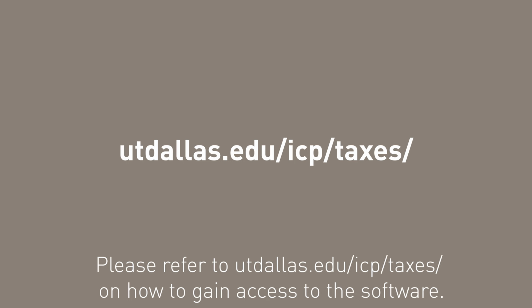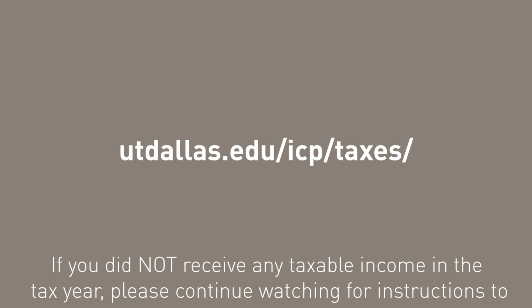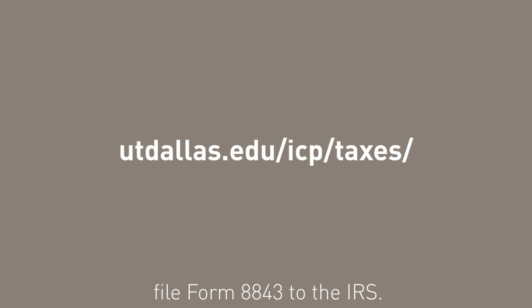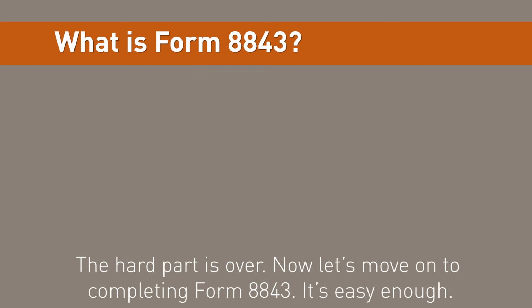Please refer to utdallas.edu/ICP/taxes on how to gain access to the software. If you did not receive any taxable income in the tax year, please continue watching for instructions to file Form 8843 to the IRS.